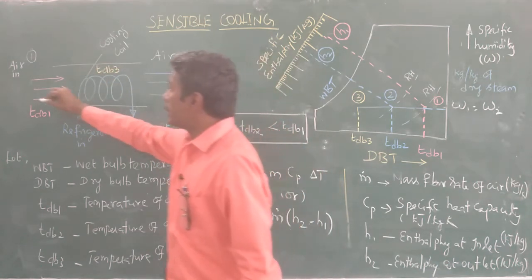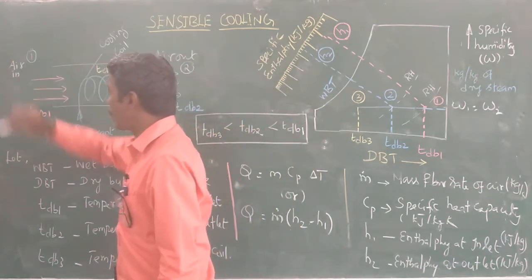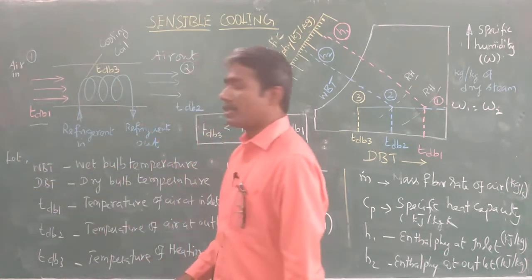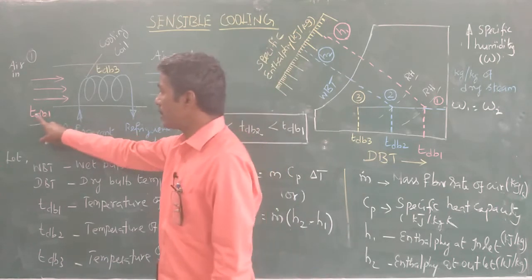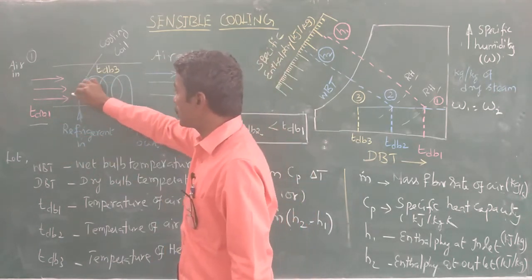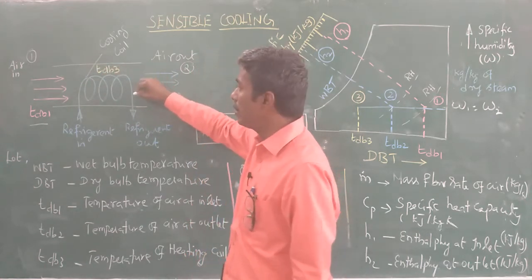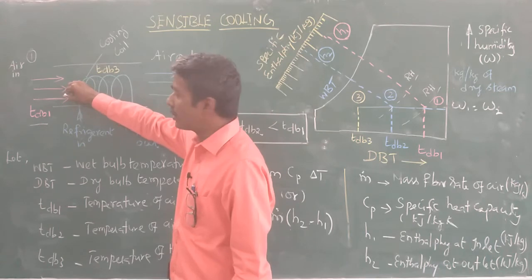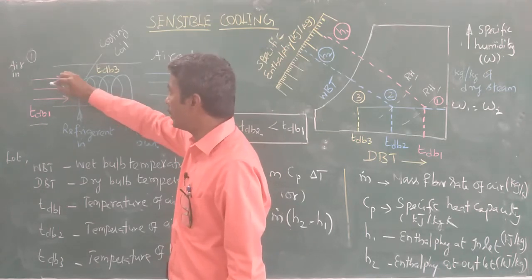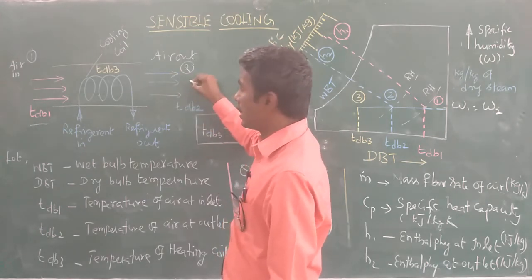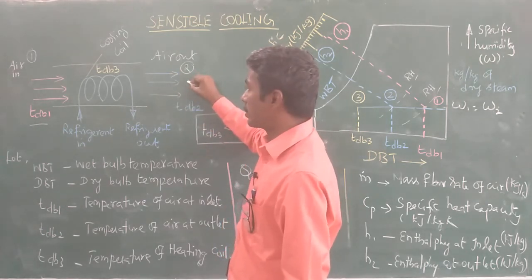So air we are sending at the inlet at point 1. The temperature of the air inlet is TdB1, dry bulb temperature at point 1. It passes over the cooling coil. This cooling coil will absorb some amount of heat from the air. Then it comes out with a lower temperature.